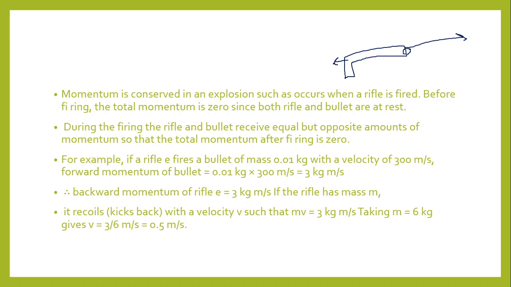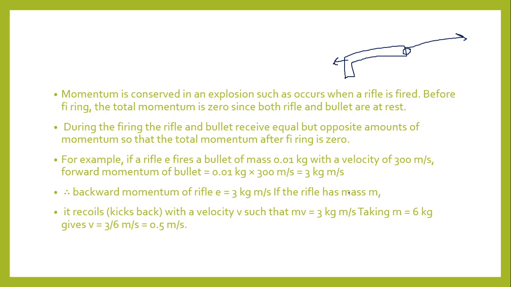For example, if a rifle fires a bullet of mass 0.01 kilograms with a velocity of 300 meters per second, the forward momentum of the bullet is equal to this. Now, this should be equal to the backward momentum of the rifle, which is 3 kilogram meters per second.